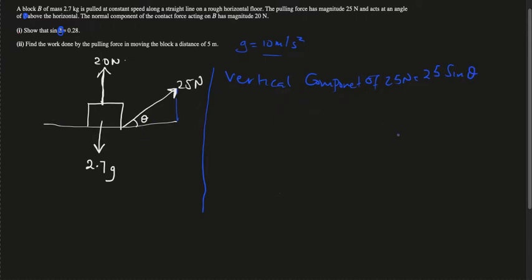If we wanted the horizontal component, since it is in between directions, it will have two components, so this will be 25 cos theta.